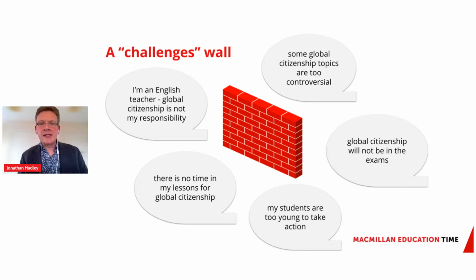The next comment, my students are too young to take action in particular. Well, I think this goes back to the concept of what I mean by action. Yes, they might be too young to be marching in the streets with posters and placards about climate change. But again, you don't have to do that. You can just perhaps model some action in the classroom.